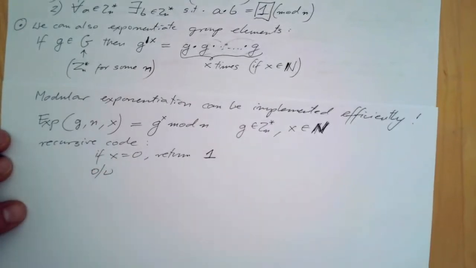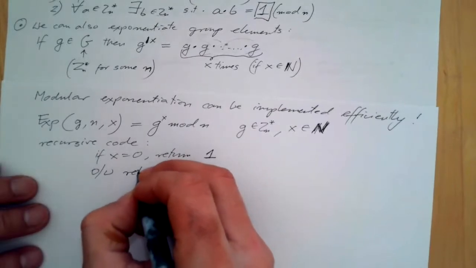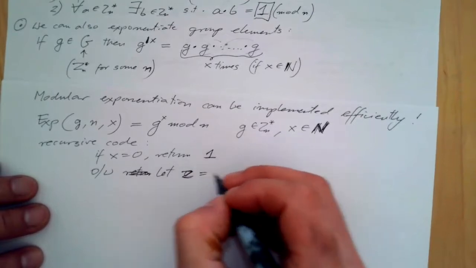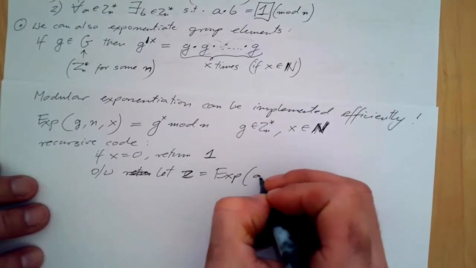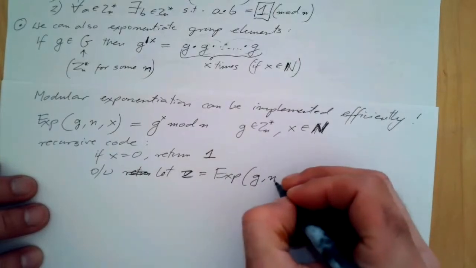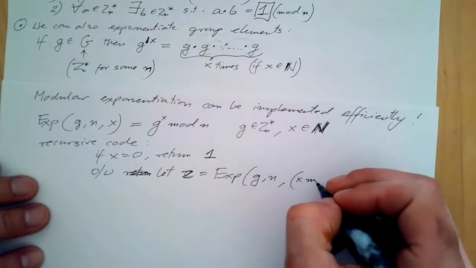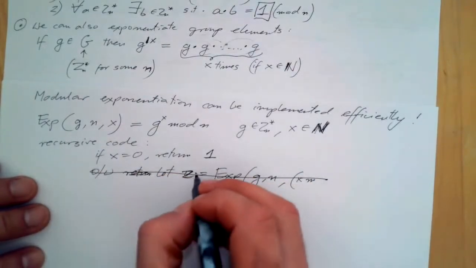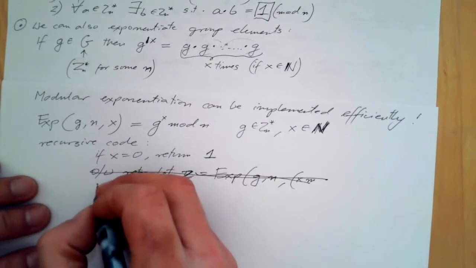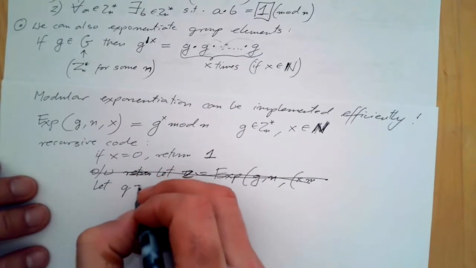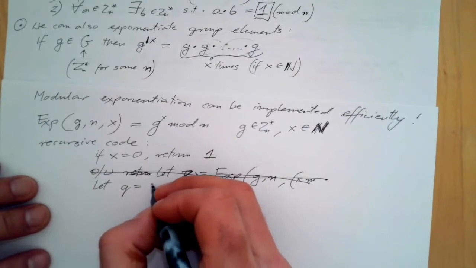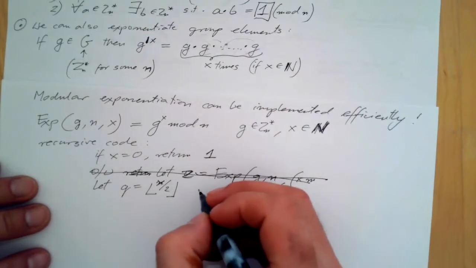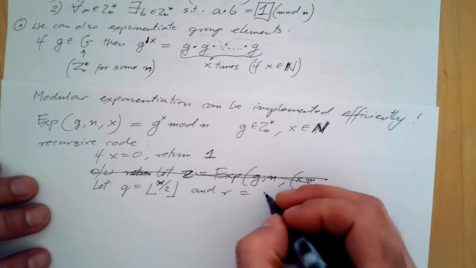Otherwise, let Z be the result of exponentiation of G, n, and X. Then let Q be the division of X by 2, and let the remainder R be X mod 2.